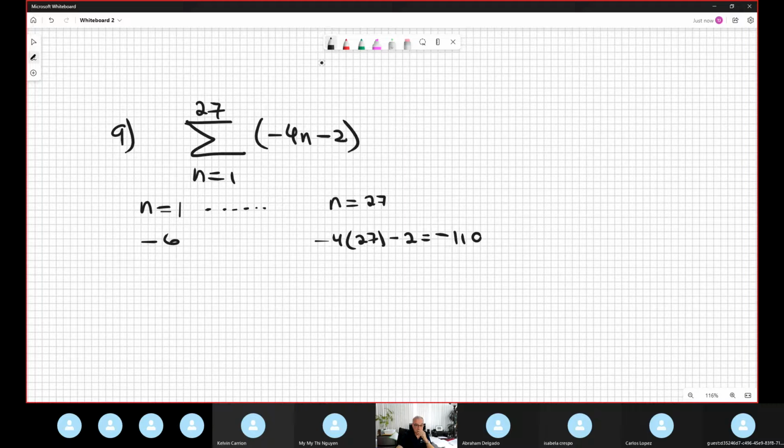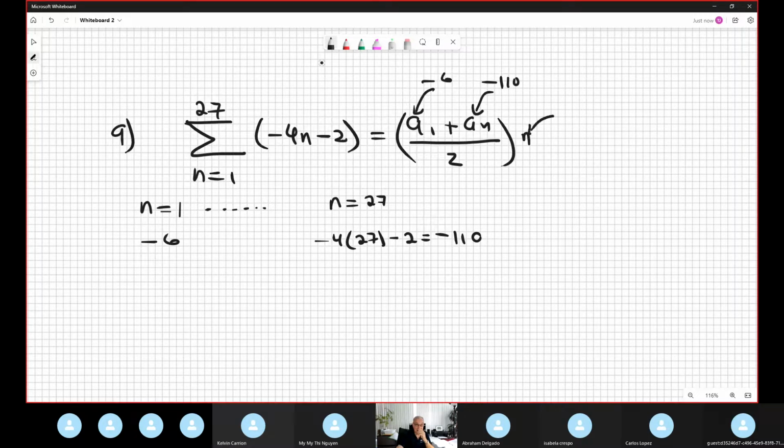Okay, so I have in my hand, remember, a1 plus an divided by 2 multiplied by n. Oh, this is super easy because the first is negative 6, the last is negative 110, and n is 27. It's obvious, right? Because we have 27 elements inside this summation. Plugging in, that's it. The answer is negative 1,566.